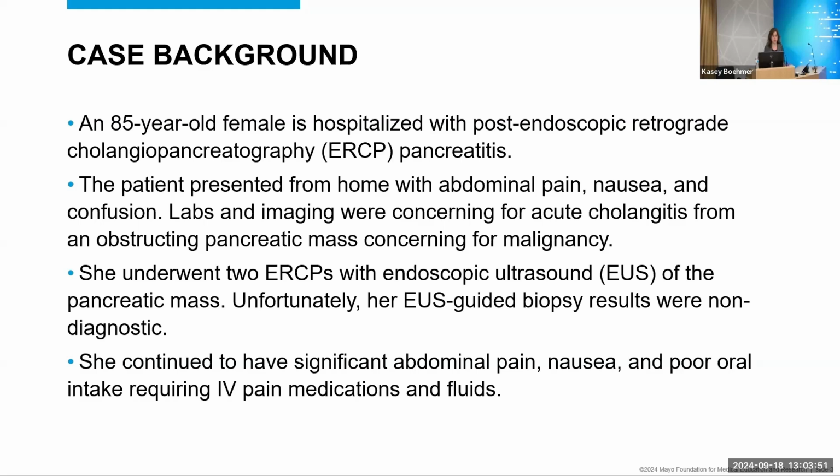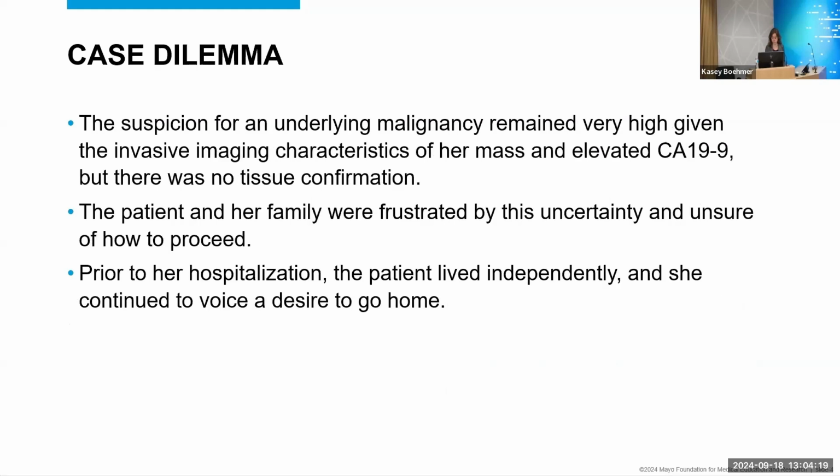So, in order to diagnose that pancreatic mass, the patient underwent two ERCPs with two EUS guided biopsies, but unfortunately, these returned non diagnostic. So, although we had a high suspicion for malignancy, we did not have tissue confirmation of that. And the patient was required to stay in the hospital for her ongoing pain, nausea, and poor oral intake, requiring IV pain medications and IV fluid support.